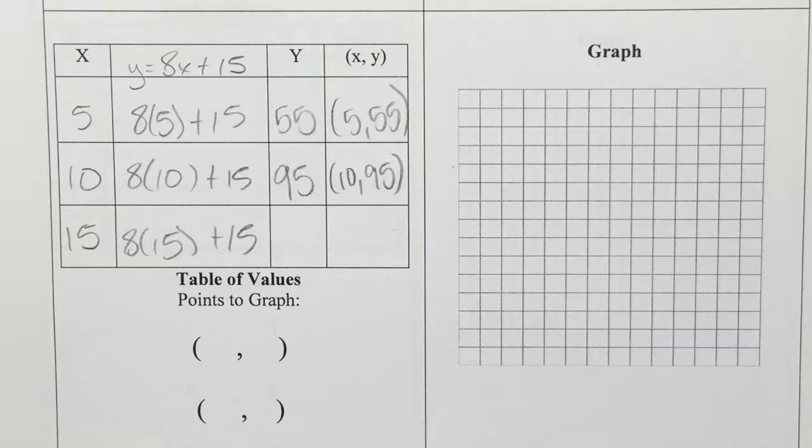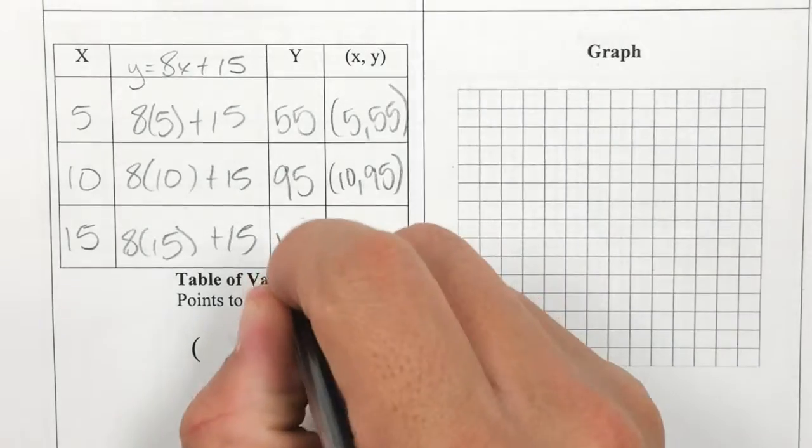Okay. And then 8 times 15 is 120 plus 15 is 135.